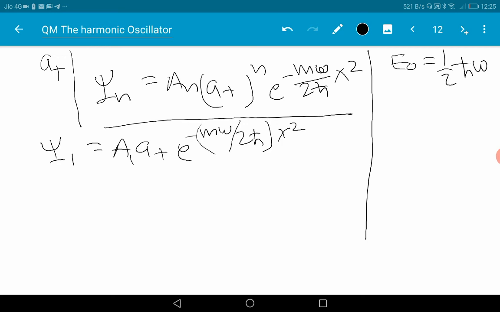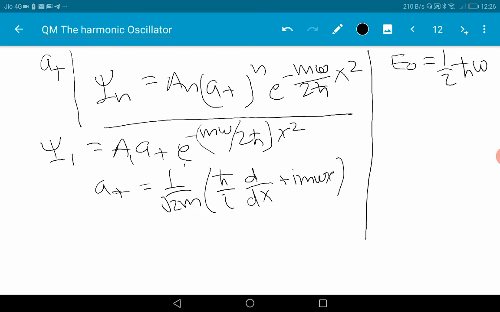We know what a plus is. a plus is 1 by root 2m, h cross by i d by dx plus i m omega x, acting on the exponential of minus m omega x square by 2h cross.